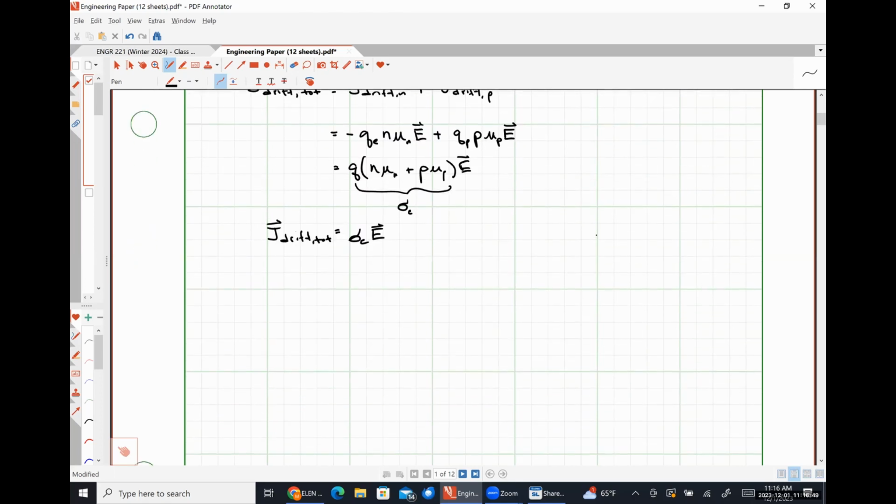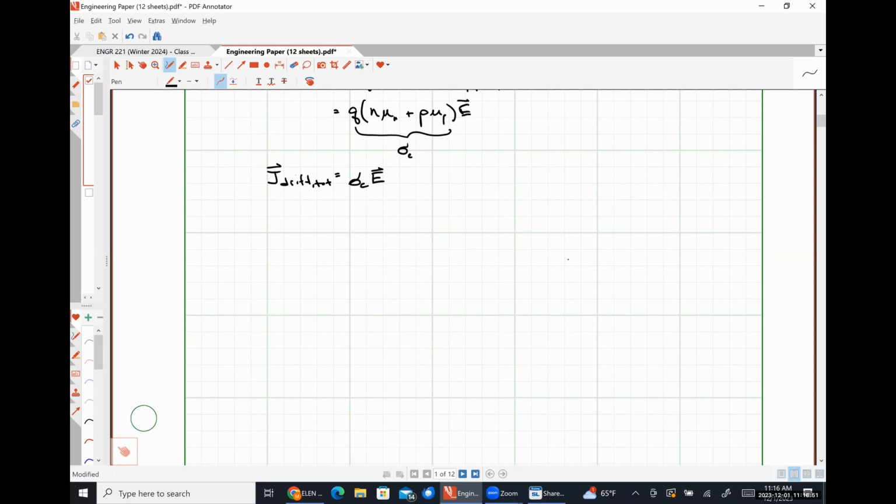Let's work a quick example here. Let's say that we have an N-type chunk of silicon where our donor concentration is 10 to the 15 donor atoms per cubic centimeter.